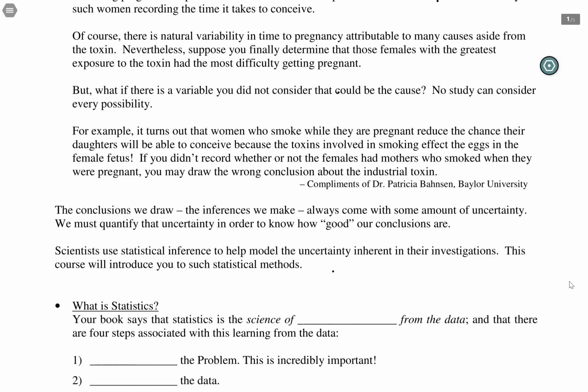So if you were to conduct a different study later down the road, seeing if this female that was eventually born is now wanting to conceive, if you don't have this information, if her mother was a smoker or not while she was pregnant, then you might draw some wrong conclusions about this particular toxin. And so being aware of this sort of thing is important.